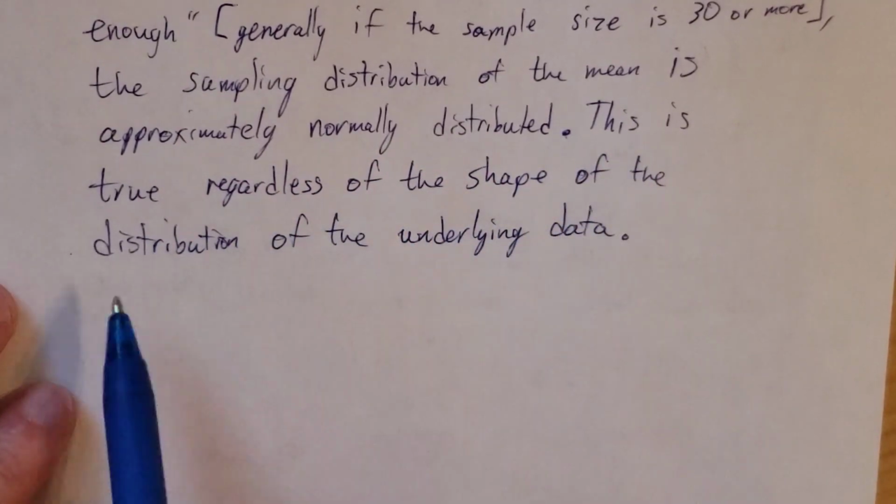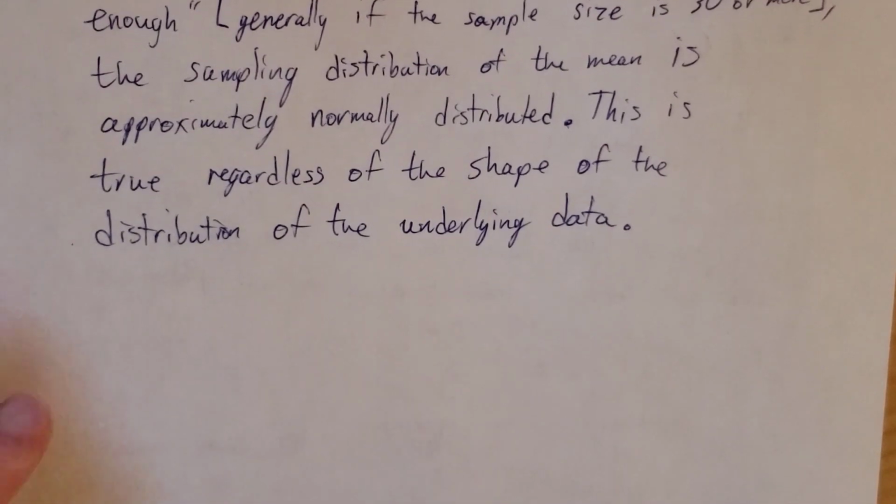This is true regardless of the shape of the underlying data or the shape of the distribution of the underlying data. So our underlying data, our population, could be right skewed, it could be left skewed, it may not be normally distributed, but if we look at the distribution of the sample mean, that data will be approximately normally distributed if our sample size is large enough, no matter what the underlying data was.